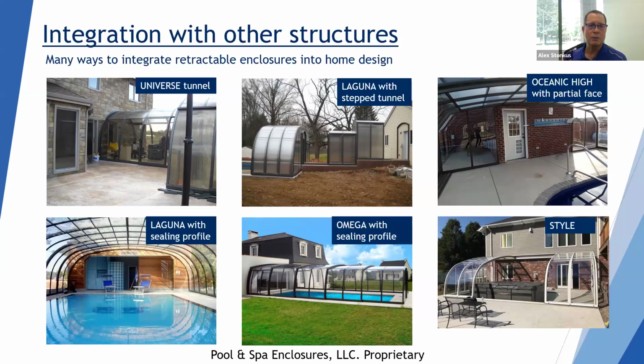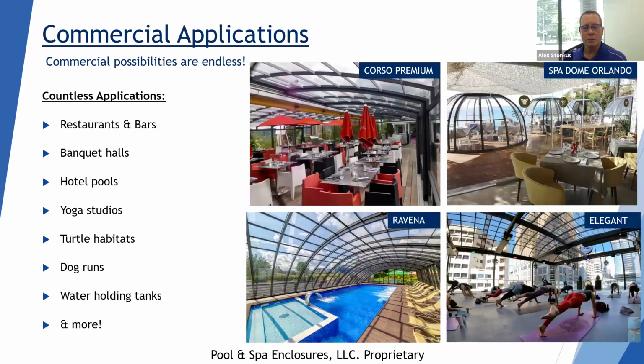Well, we don't attach it; it's butted to the wall, and then you can slide the enclosure away from that segment completely and have open air swimming as well. All right, so that's the layout for our residential enclosures.